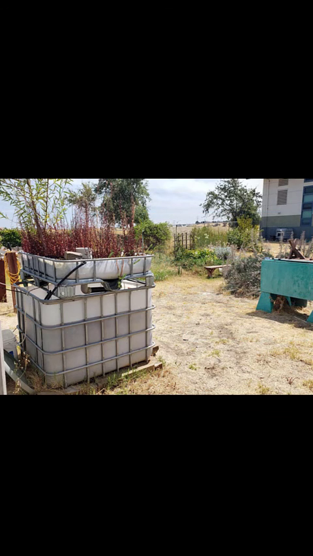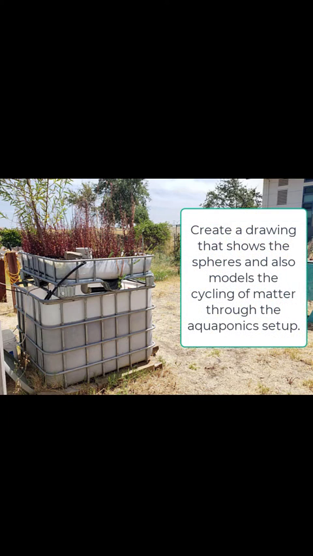And then finally, as an optional thing, it might be kind of helpful to go ahead and try to draw a model of this aquaponics system and include the spheres and cycles and elements and arrows that are pointing in the directions that they flow and everything else.